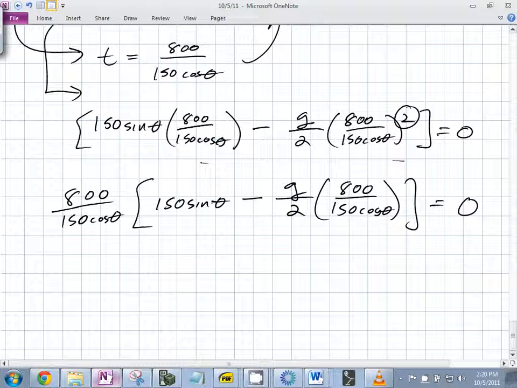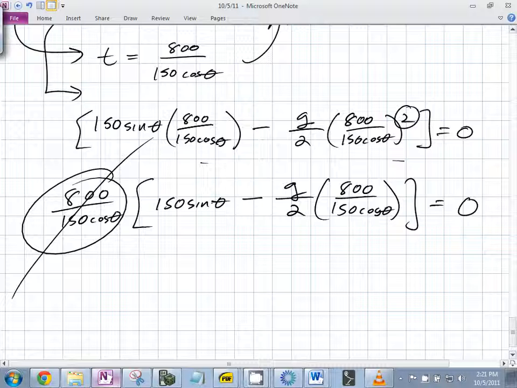Now, can this ever be 0? No. Why not? Cosine can't, because you can't make the denominator 0. There's no way to make just the numerator 0, right? So in terms of our solving, it's gone. So now we need to solve this.